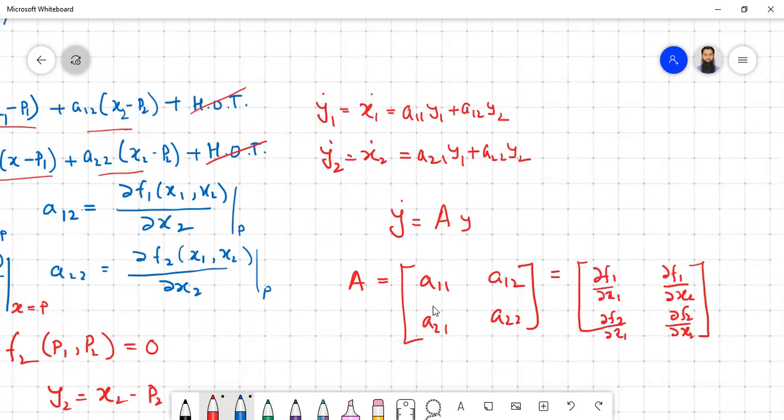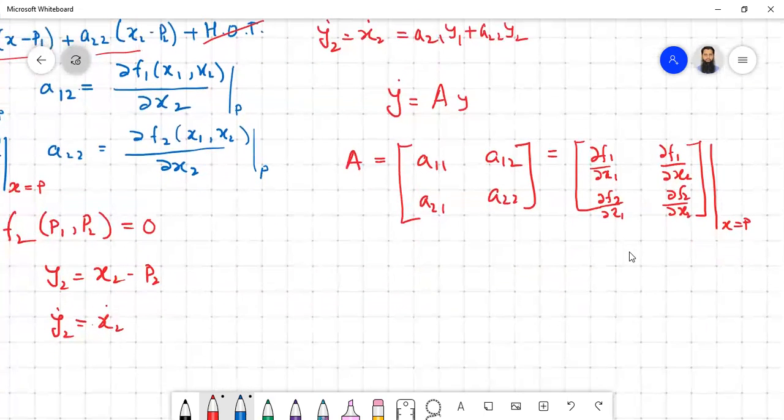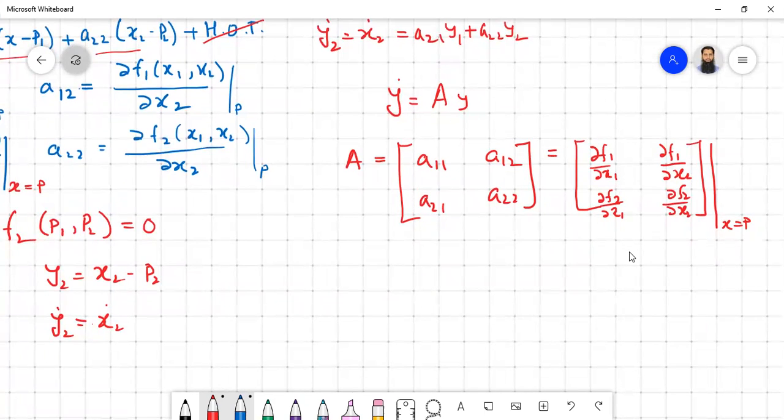And you always have to remember that this is for a particular point x equal to p. Now, what is the del f by del x? This matrix is known as the Jacobian matrix.